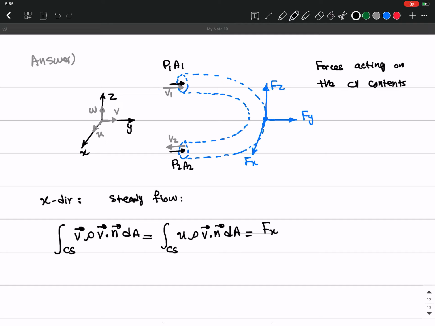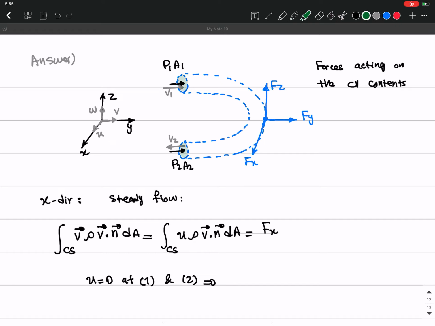And because u is 0 at section 1 and also section 2, you see here, the only places where the fluid is going into or out of the control volume are here and here.